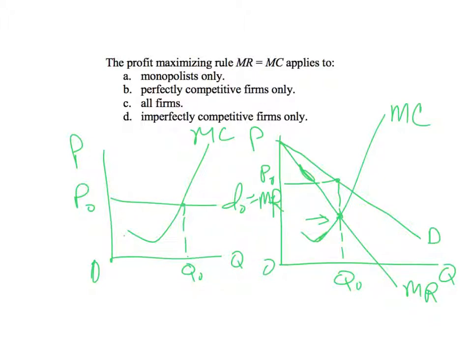The output rule, marginal revenue equals marginal cost, is the profit maximizing output rule for any firms facing a flat line, perfectly elastic demand curve, and firms facing a downward sloping demand curve.